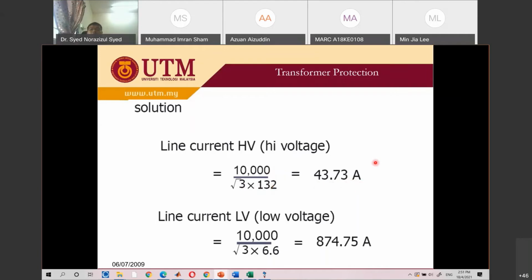This is the current at the HV side. And the current at the LV side uses the same formula but a different voltage. You just put 6.6 kV here, and the top also has a K, so you can cancel out the K, and then you get 874.75 amp. So that means the primary current is 43.73 and the secondary current is 874.75.